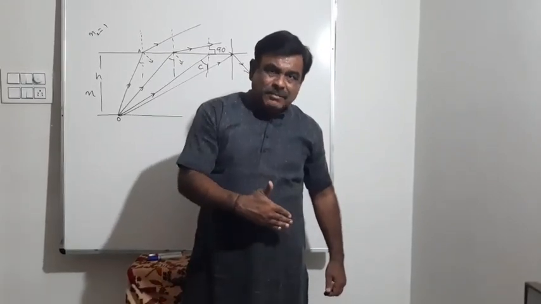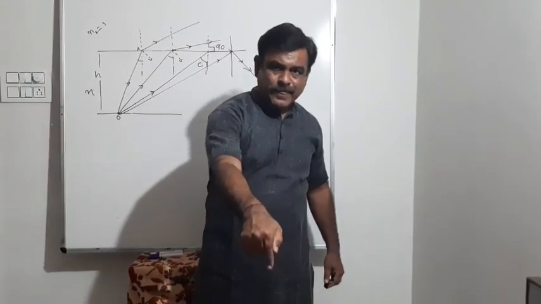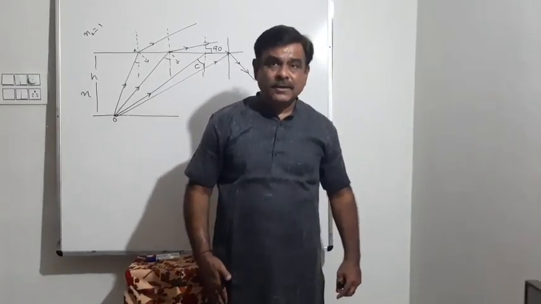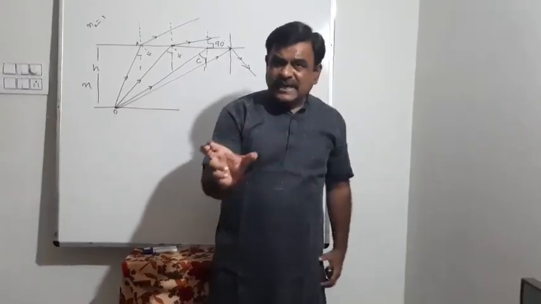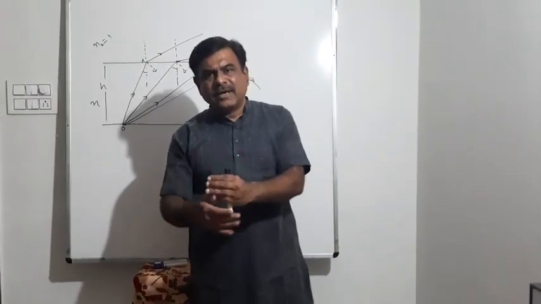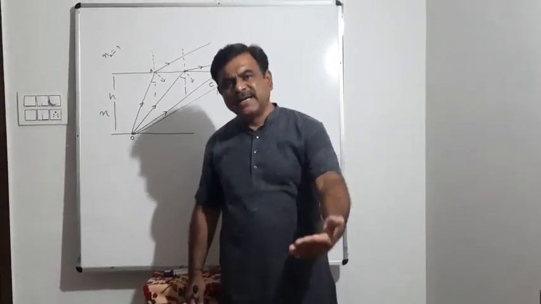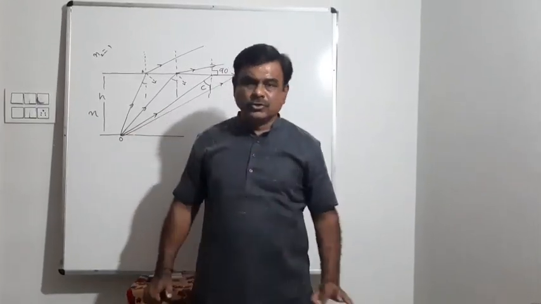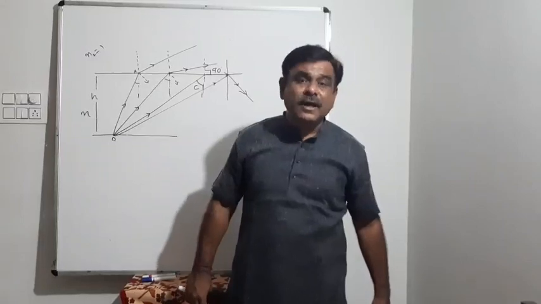It is the maximum distance up to which the bottom is visible, or opposite, the minimum distance after which the bottom is not visible. So this kind of verge condition, boundary condition, maximum height up to which the object is visible, minimum height after which it is not visible, you have to solve by the problem of total internal reflection.